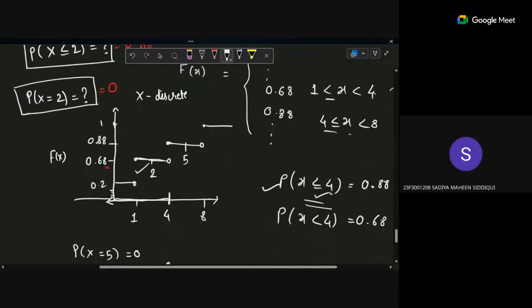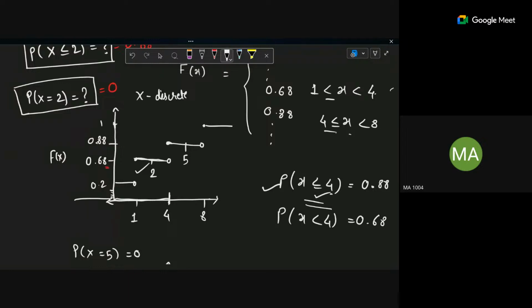Ma'am, I didn't understand why the probability at x equal to 2 is 0. You're asking that. See, your graph is continuous at this point from 1 to 4.